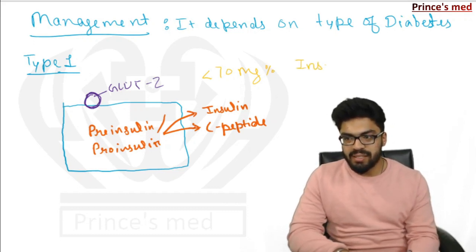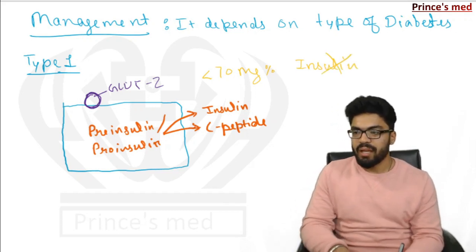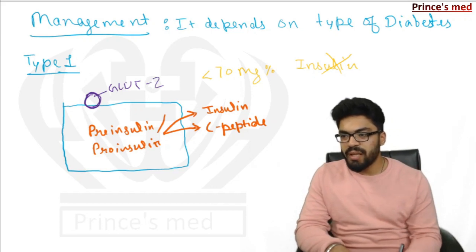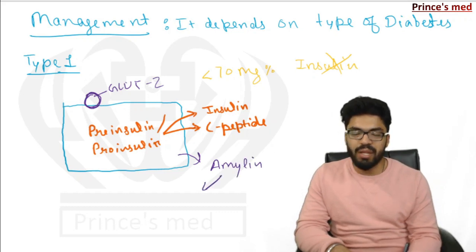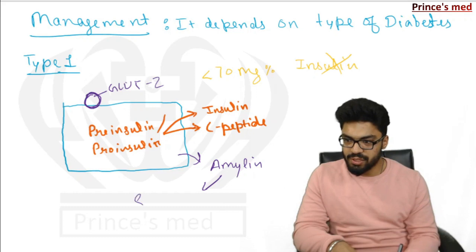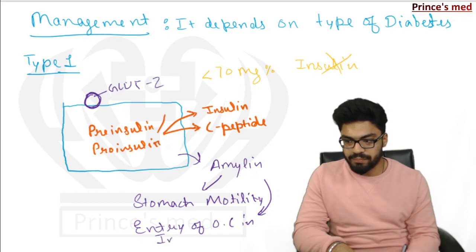Okay, and if blood sugar level is less than 70 mg%, then insulin release is inhibited. Okay, and one more hormone which is secreted from the beta cell is amylin, which is responsible for stomach motility and the entry of osmotic contents into the intestine.